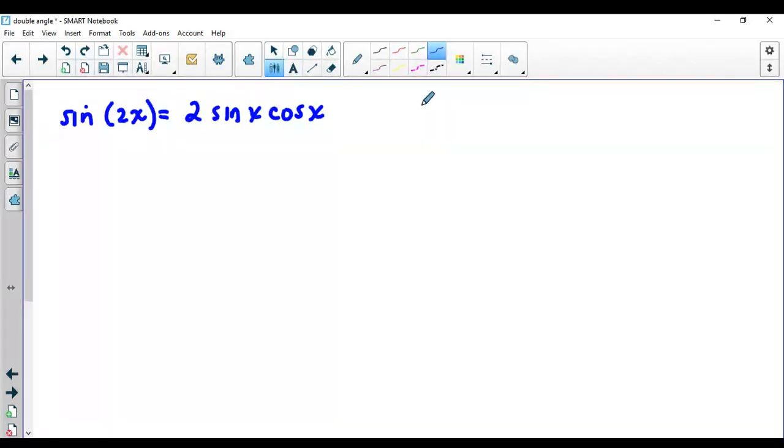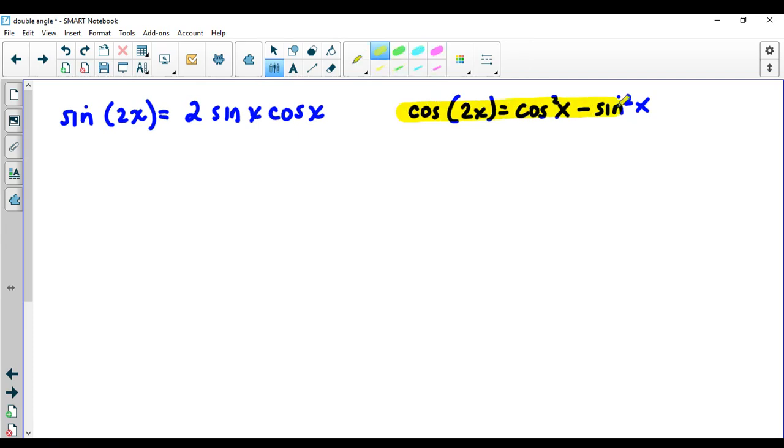And the cosine of a double angle is the cosine squared minus the sine squared. Not to be confused with cosine squared plus sine squared, which is equal to 1. Let's highlight these, so we're going to look for them in the two proofs that we are doing.